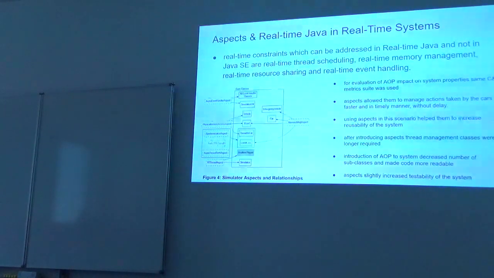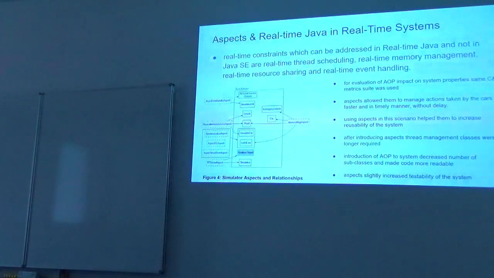And in terms of the impact of AOP, they were primarily interested in whether the AOP approach helps to achieve better usability, maintainability, testability, and reusability of the code. In terms of the tools, they used AspectJ and real-time Java, which is Java for real-time use cases.